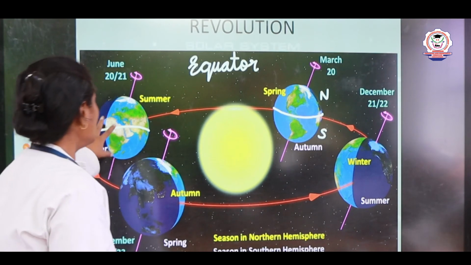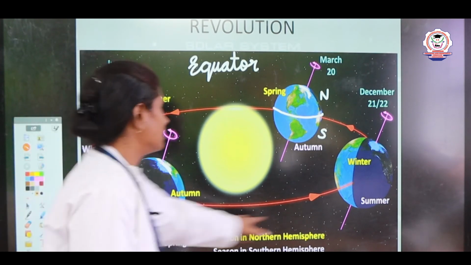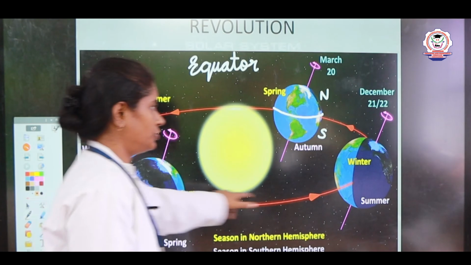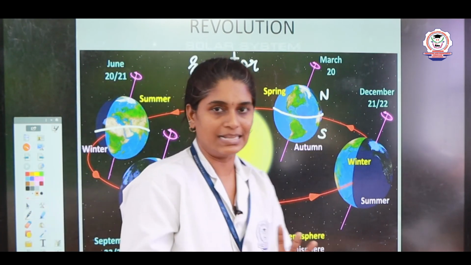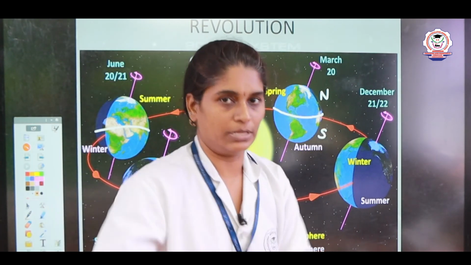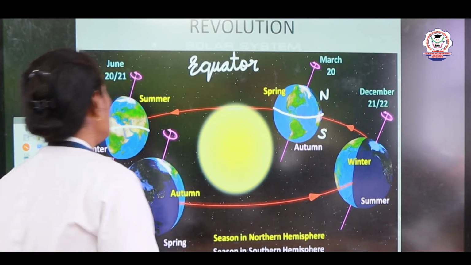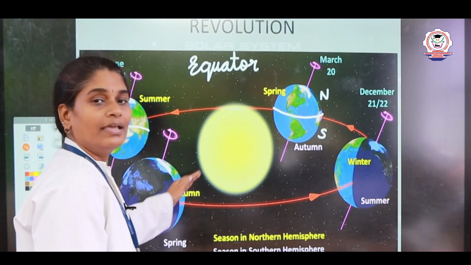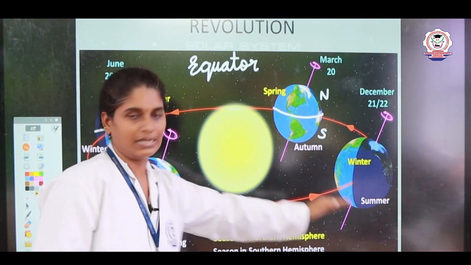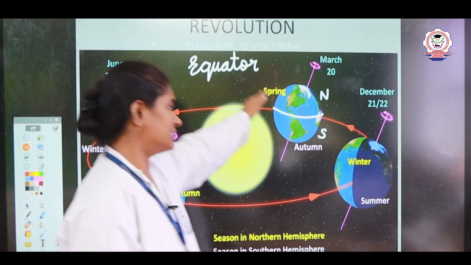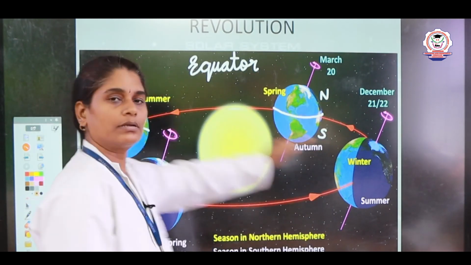Then you can see as the seasons occur due to the revolution, the seasons will not immediately change. It will change gradually, right. That is why you can see autumn season in between summer and winter, and spring season between winter and summer, right.